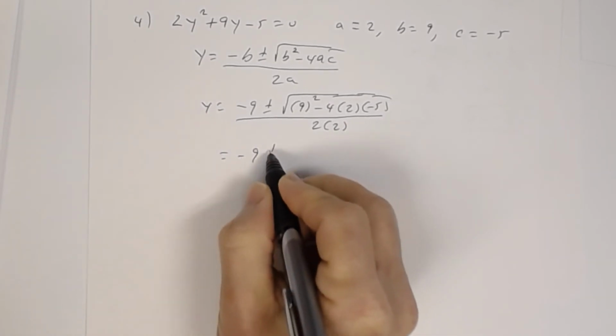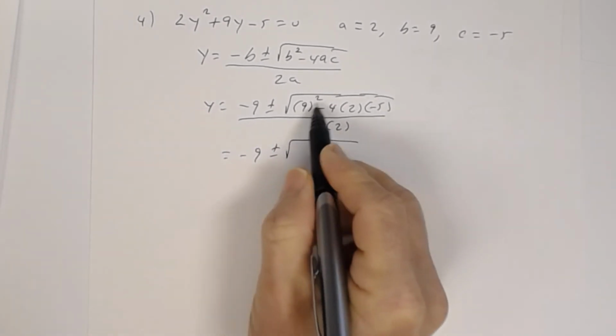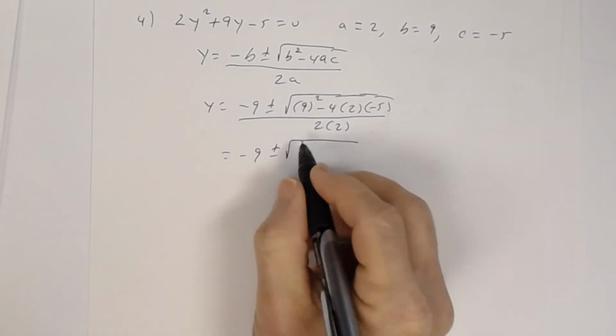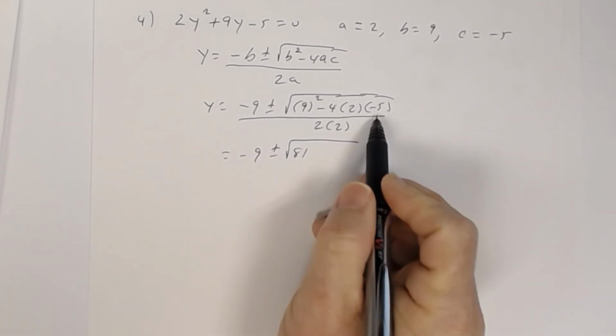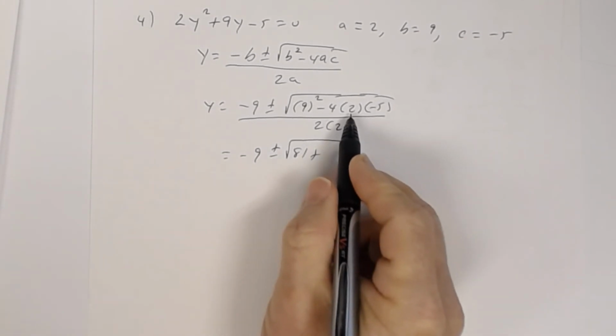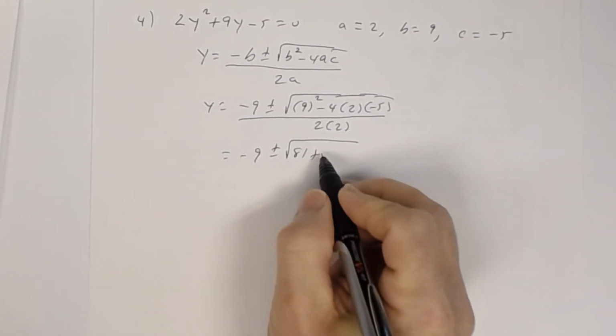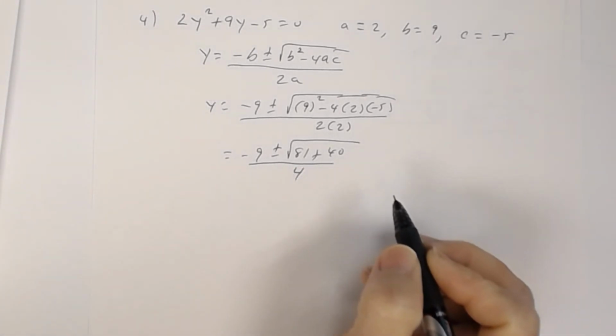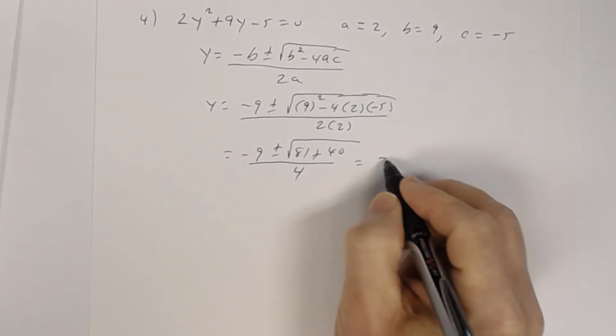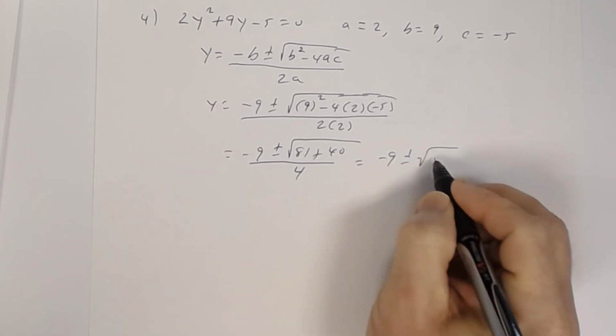So I get negative 9 plus or minus the square root of 9 times itself is 81. A negative times a positive times a negative is a positive. 4 times 2 is 8. 8 times 5 is 40. All divided by 4.